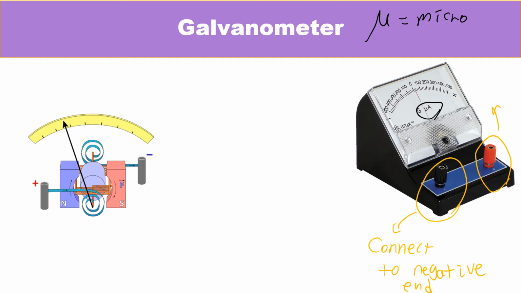When it comes to the red one, you may guess it, connect to the positive end, so that the whole circuit will be connected. That's my horrible way of drawing a battery. You know what? I can do a little better.